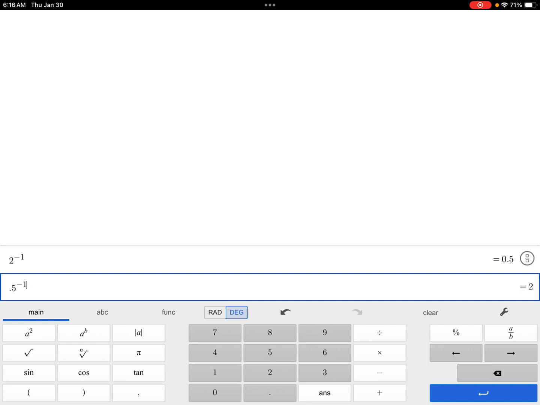If I take 2 to the negative 3 power, 2 to the third is 8, so this should be 1/8. And 1/8 is 0.125. I can do the reciprocal and show you 0.125 raised to the negative 3 power.